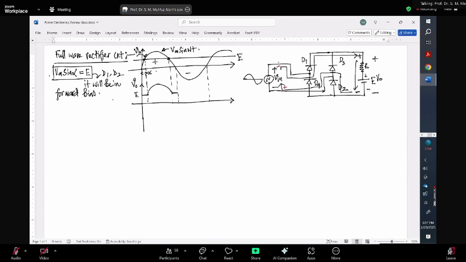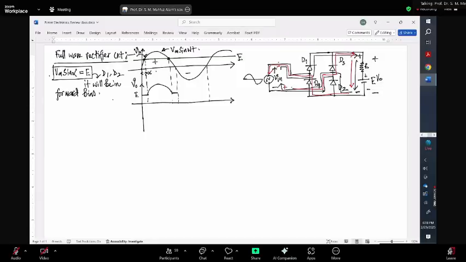So the current will try to go through this path, and it will go through D3 like this. Then it will go through the load like this. And while coming back, they will try to go through like this, and in that way it will come back, right?